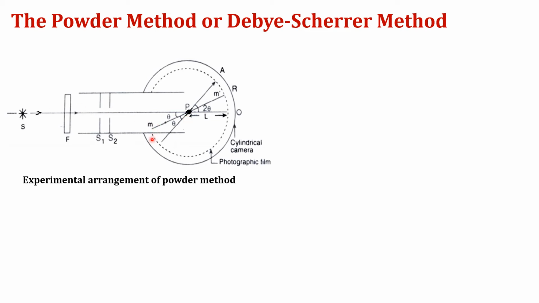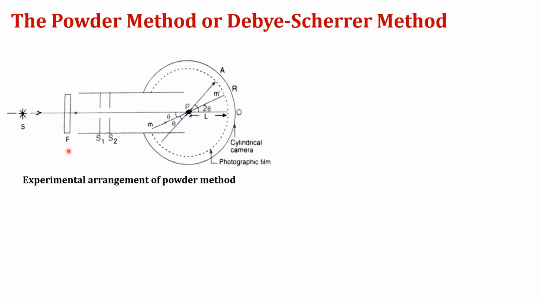Now, what is its principle? Before explaining the principle, you must know the role of each and every part in that experiment. S is a continuous X-ray beam source. We make it monochromatic, and for that we use the filter.